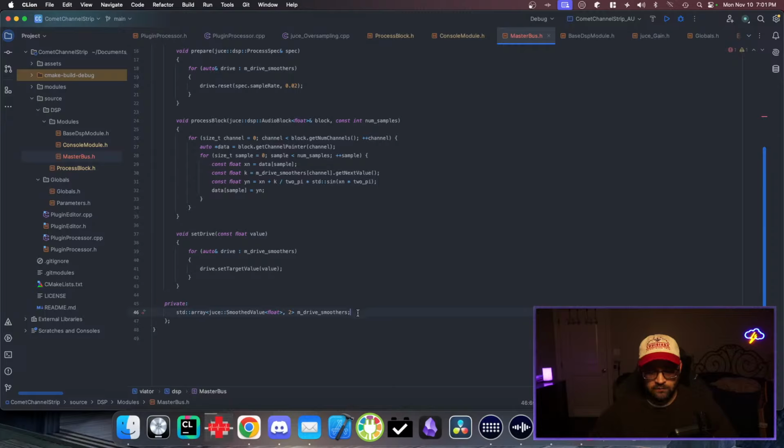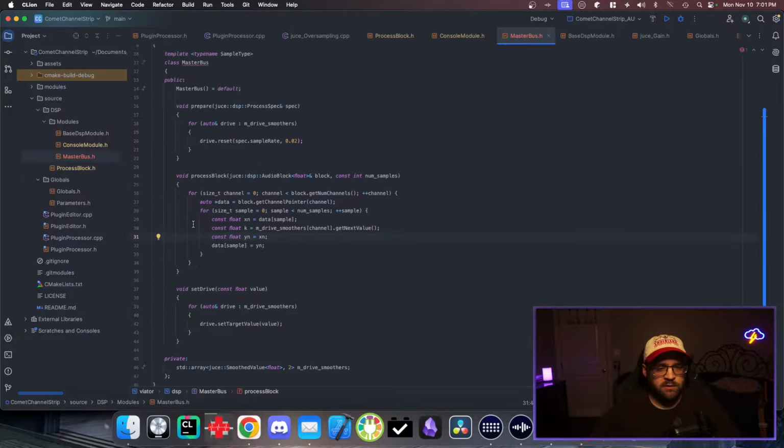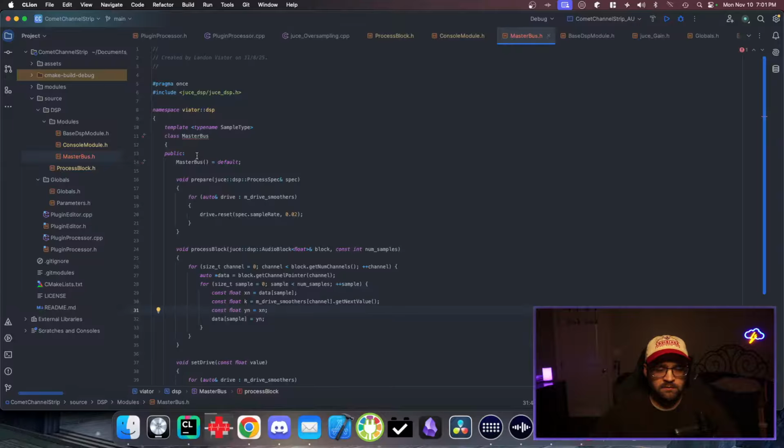Cool. Okay. I guess I will also get rid of that distortion here. And we're going to say... Let's see. Class master bus. Redefinition of master bus. How did I manage that?